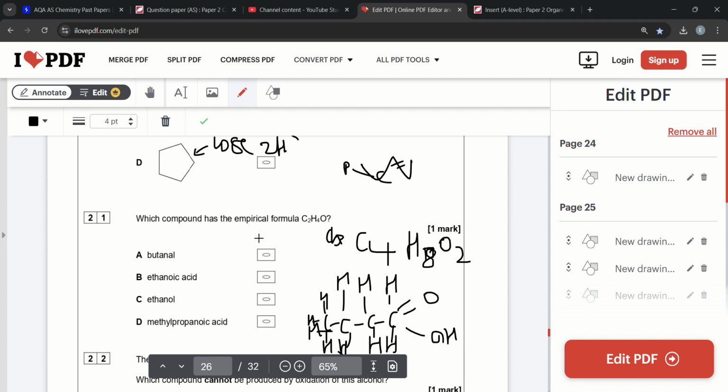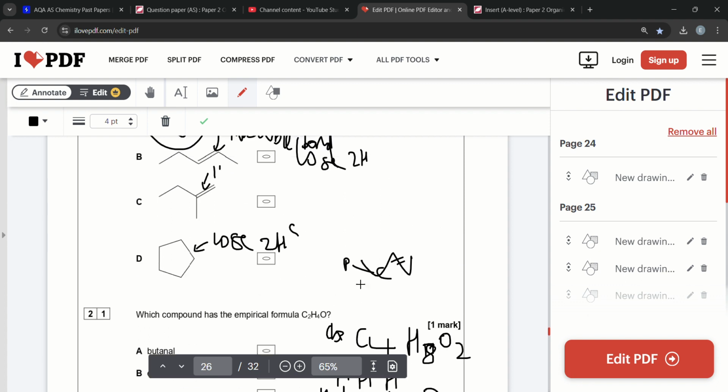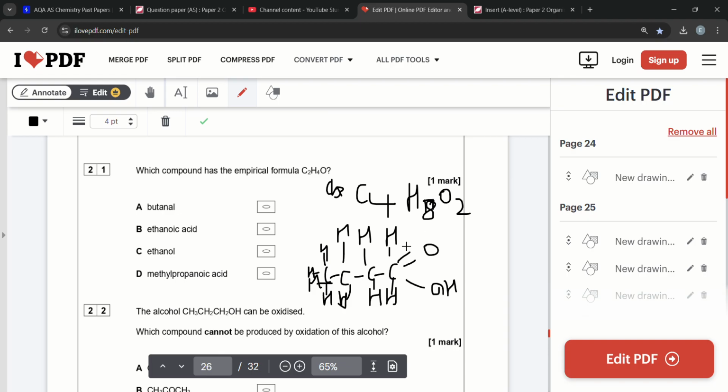The carboxylic acid is R, C double bond, OH. So we have the R, the alkyl group, C double bond OH. It's propanoic acid, methyl propanoic acid.